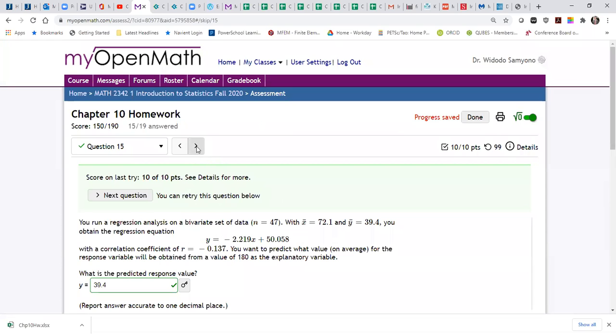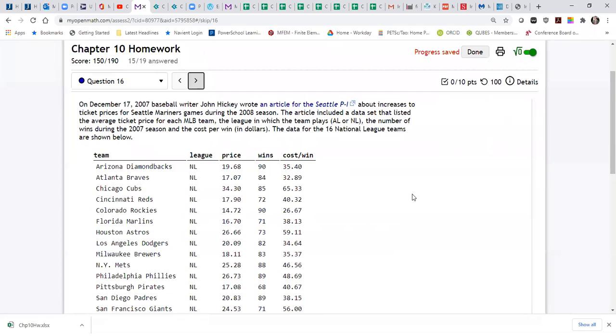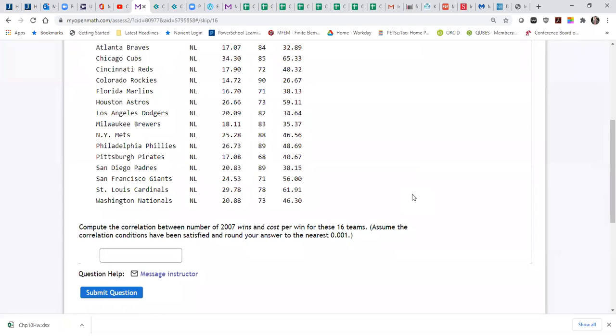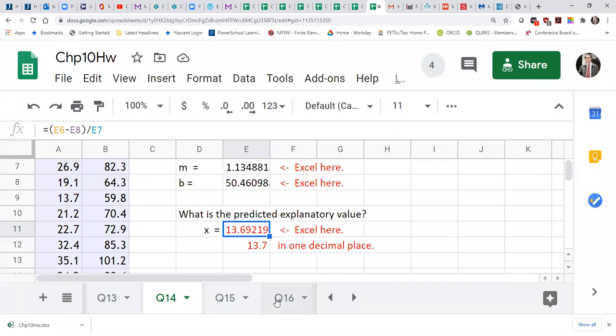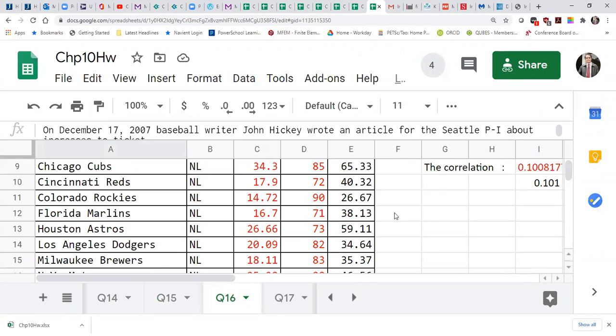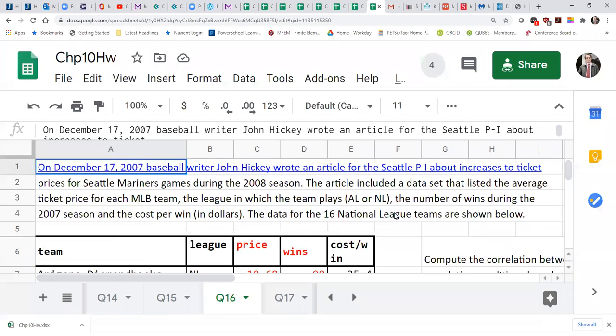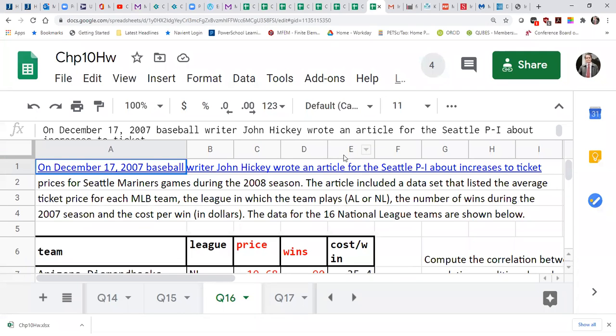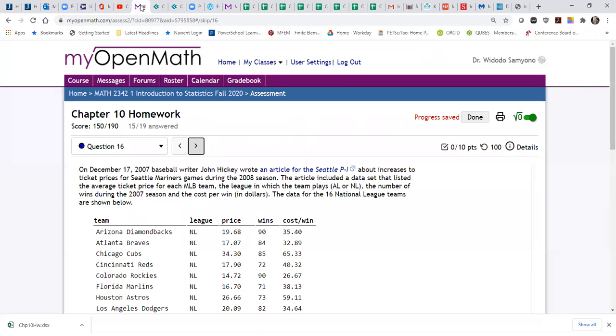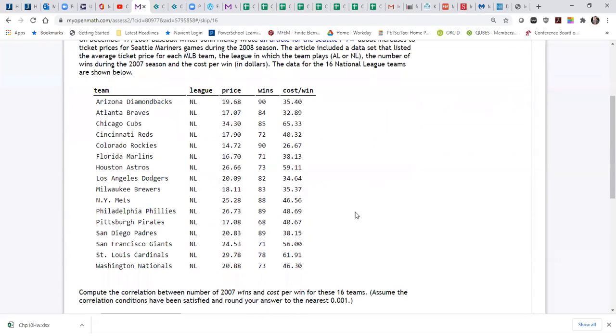Okay, so then number 14, number 15. Number 15, number 16, okay, so let's see. This is talking about the same problem, I believe.